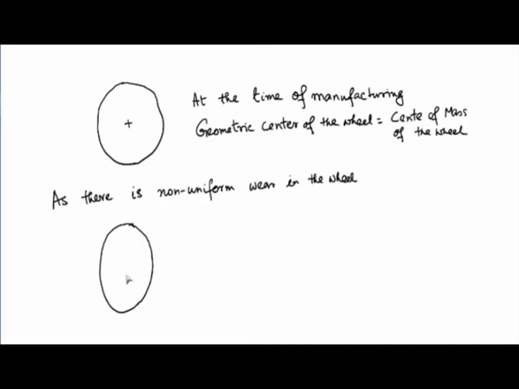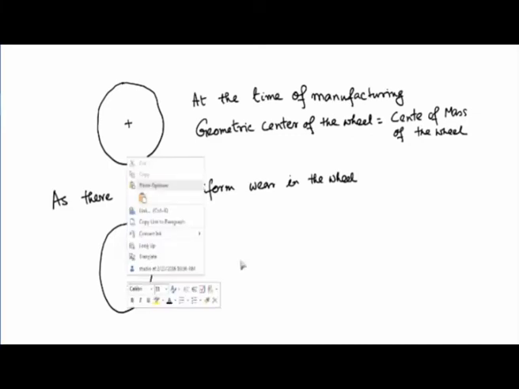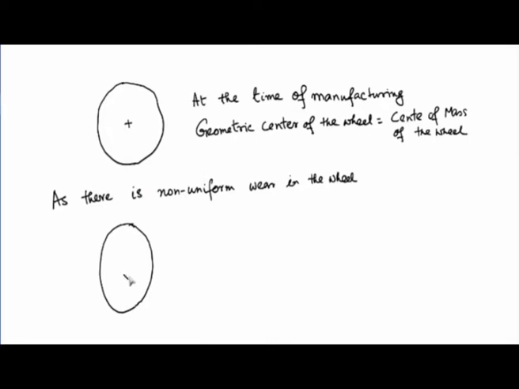So now your center of mass is definitely not remaining the same; it is a new center of mass, whereas the wheel is rotating about the axle, which is somewhere here. Earlier the axle of the wheel and the center of mass exactly coincided, whereas now they are at a distance, which could be very small, in microns, but non-zero because of the non-uniform wear.